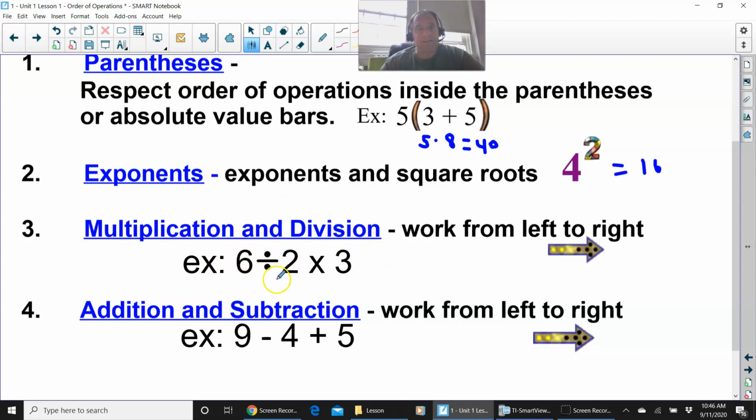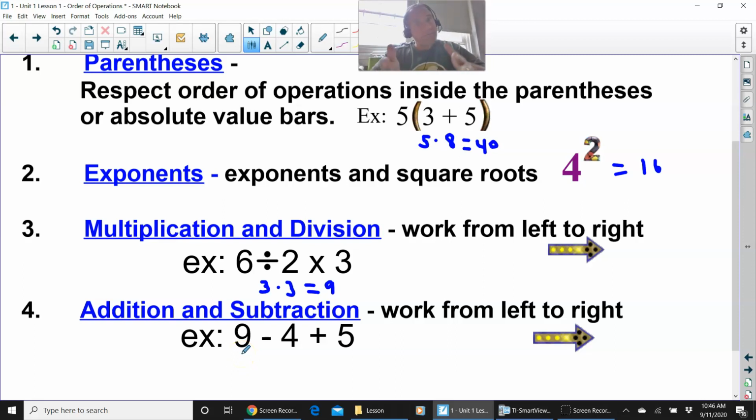So we have 6 divided by 2 times 3. You work from left to right, and 6 divided by 2 is 3. And then 3 times 3 would be 9. And the same thing goes for addition and subtraction. It always goes from left to right.